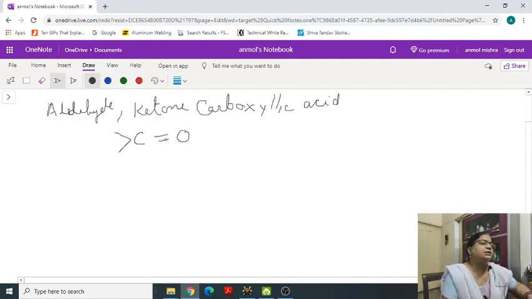Here carbon is linked with double bond. Now if one alkyl group and one hydrogen is present, then it is called aldehyde group.